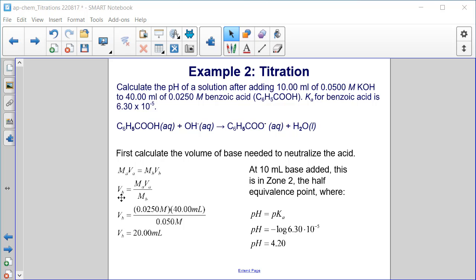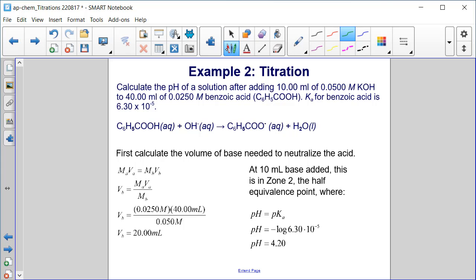And the volume of base that has to be added to neutralize the acid is then found by taking the concentration of the acid, multiplying it by the volume of the acid, and dividing by the concentration of the base. And when we do that, we get 20 milliliters of base must be added to neutralize the acid.